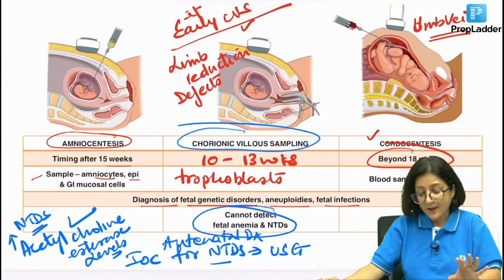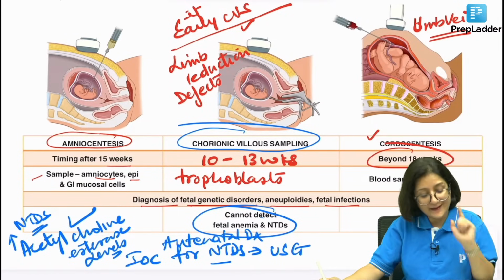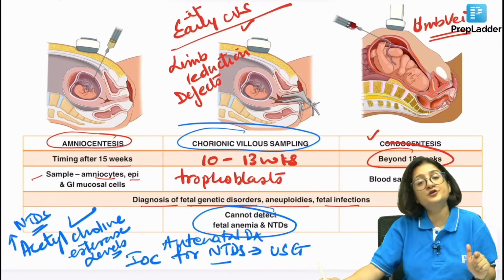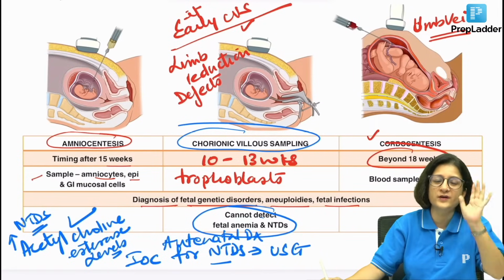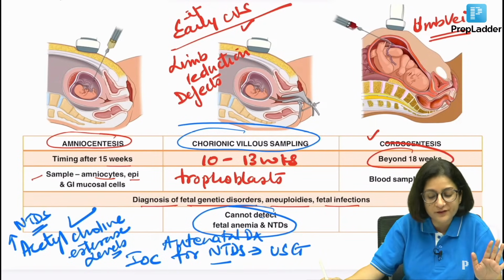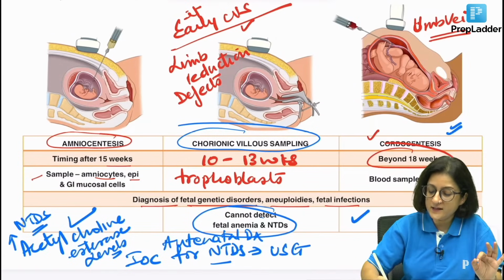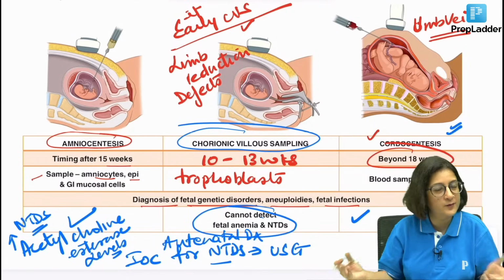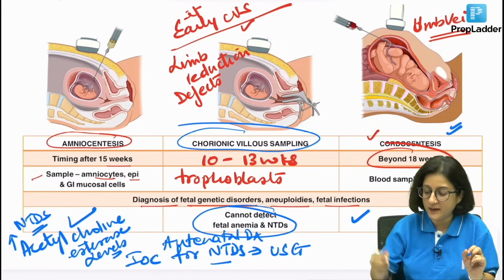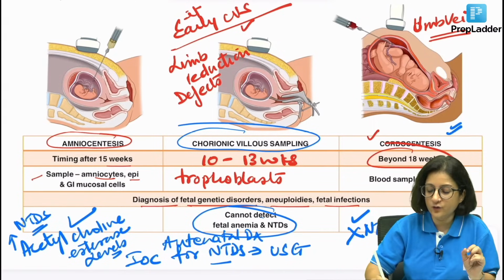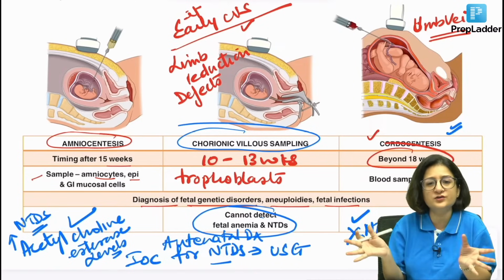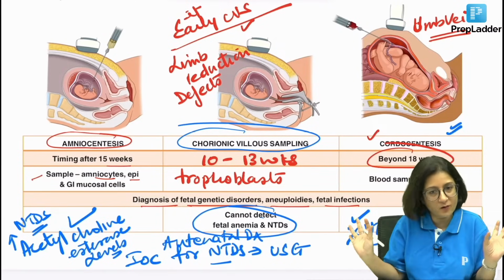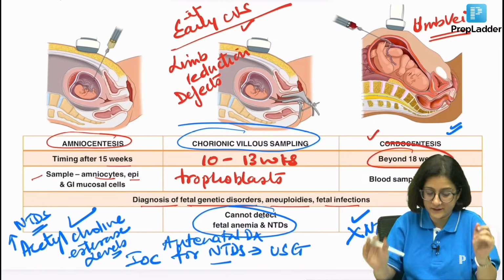But also please remember that the antenatal investigation of choice for neural tube defects is actually ultrasound. Not routinely, we are not going to use amniocentesis to diagnose neural tube defects. With chordocentesis, we can definitely confirm fetal anemia because we are taking the fetal blood sample, but we can't detect neural tube defects. Chordocentesis will give no information about neural tube defects.